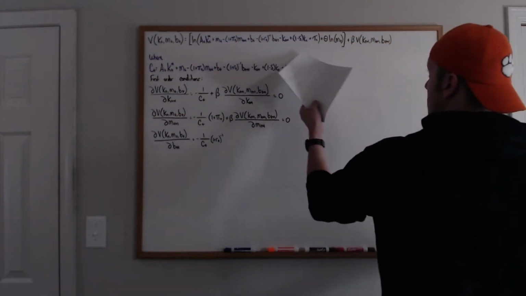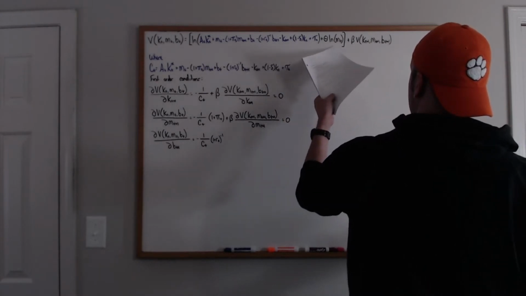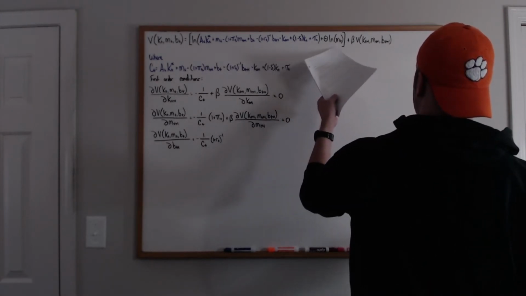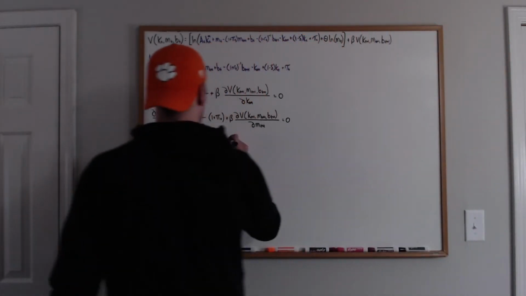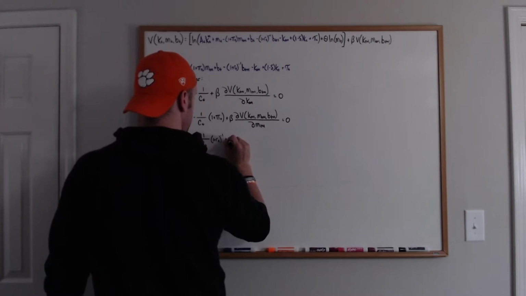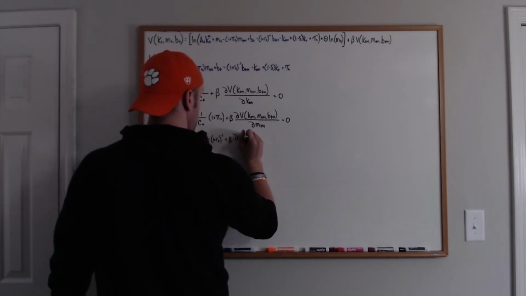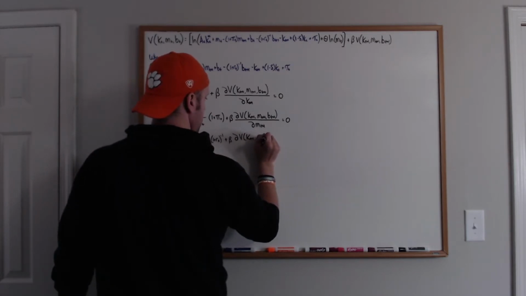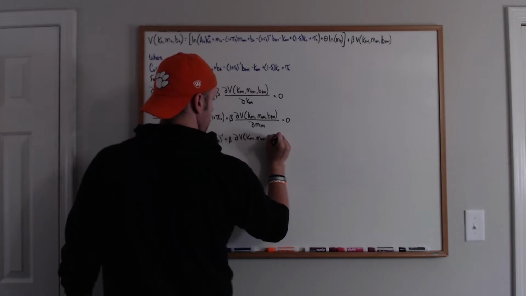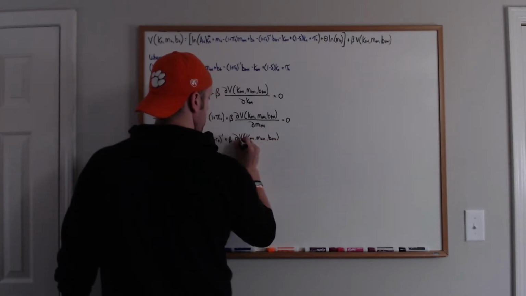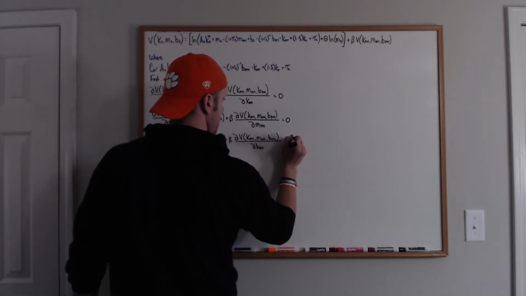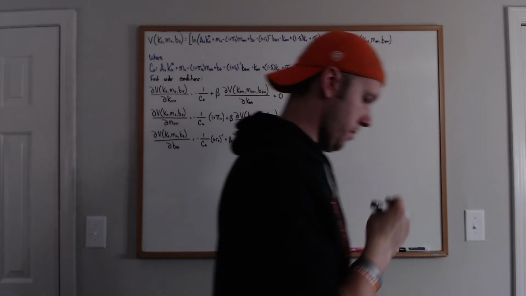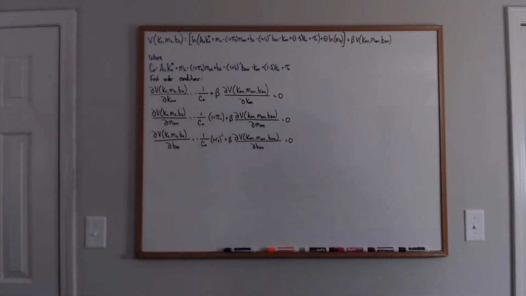There's no more B_{t+1}s here because that's the only one that we see. There's no B_{t+1} here, so that goes away. Good. There is B_{t+1} here. So I add beta times the partial with respect to B_{t+1}. So these are the 3 first order conditions I get.